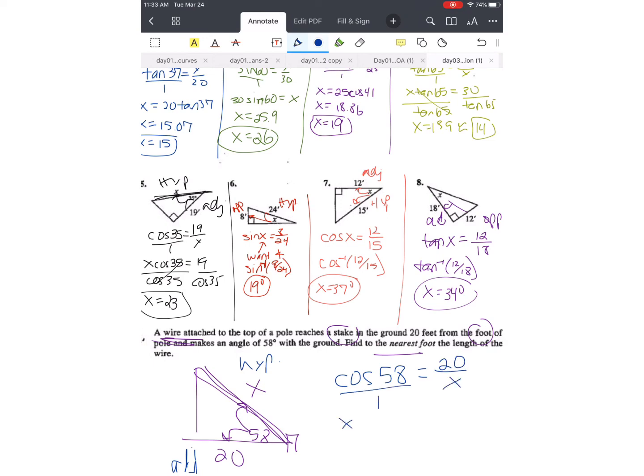Cross multiply. That's x cosine 58 equals 20. So x is equal to 20 over the cosine of 58. 20 divided by the cosine of 58 is 37.7. They said to the nearest whole number, so 38 is your answer.